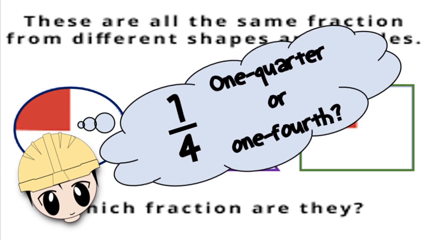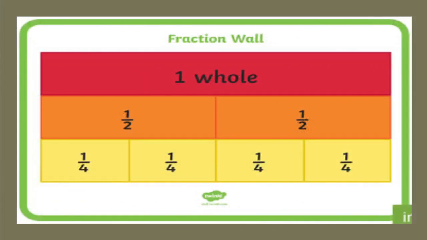How do we write? 1 upon 4, or 1/4. Remember children, one whole has 2 halves and one whole has 4 quarters. Okay?